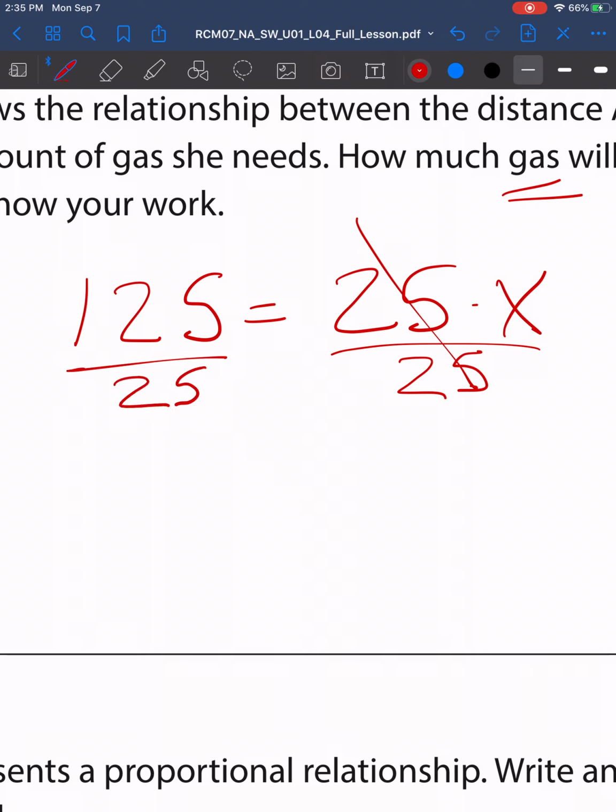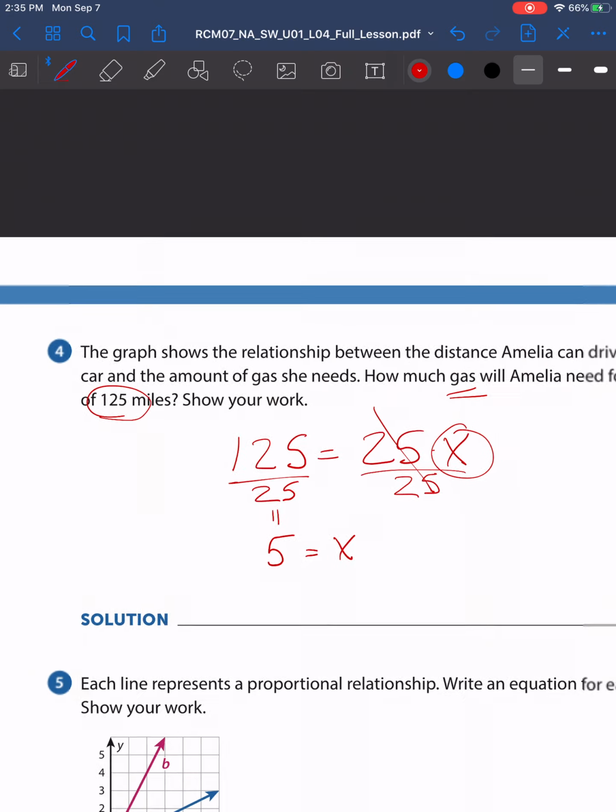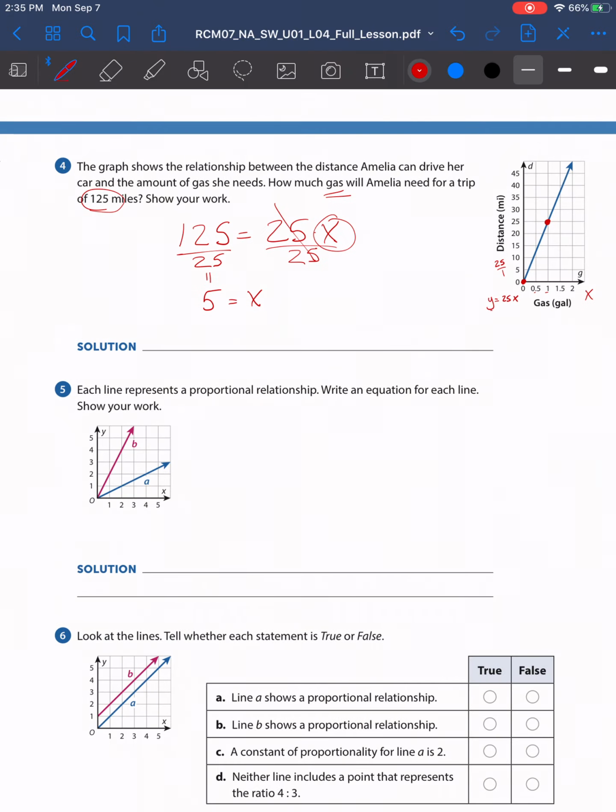So now I have 125 divided by 25, which is easy, that's 5. So 125 divided by 25 equals 5, and then all I have left over here is an x. Hey, we did it. How much gas will Amelia need for a trip of 125 miles? She will need 5 gallons.